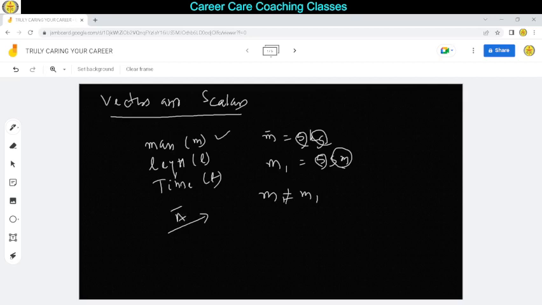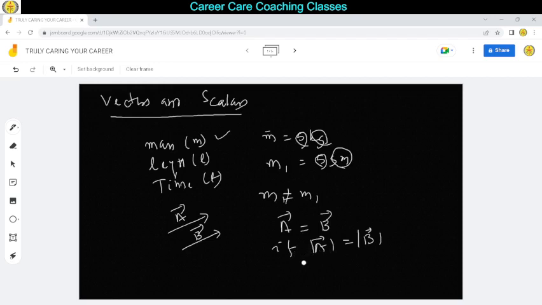Suppose A, with an arrowhead over it, and this is another vector B. We can equate A is equal to B. Two vectors are equal if and only if the magnitude of A is equal to the magnitude of B and the direction is the same.